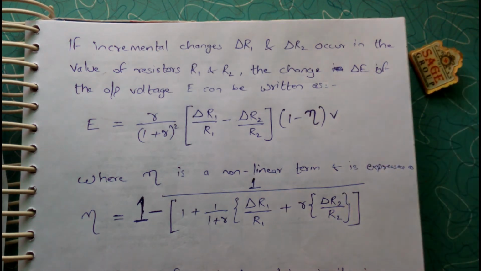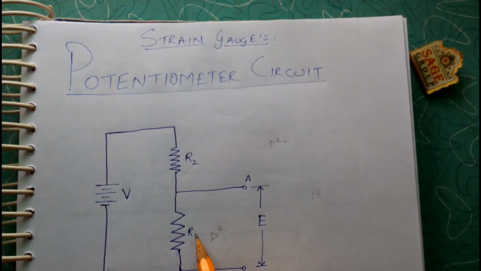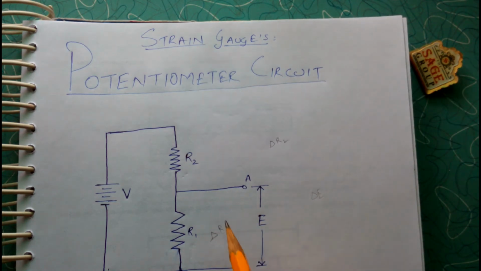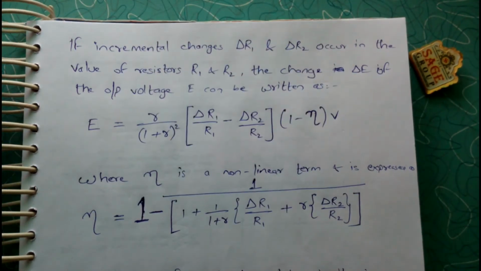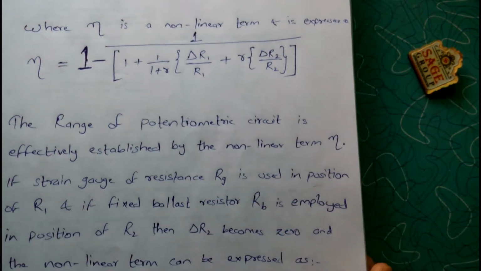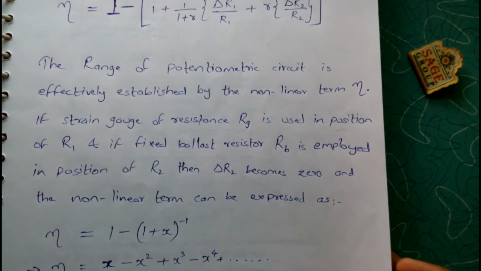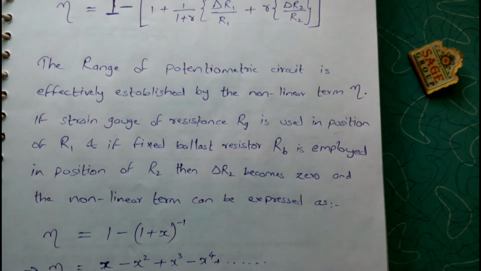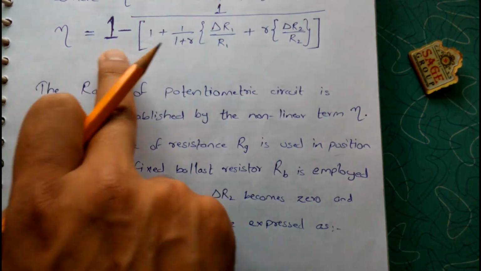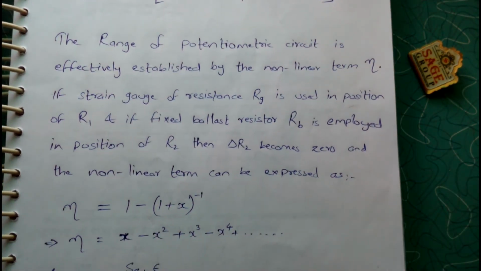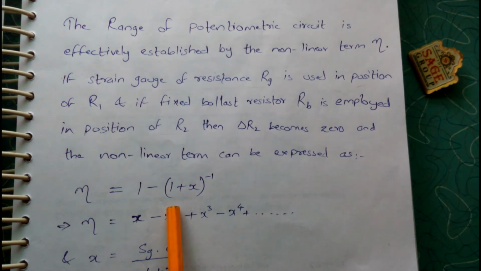Now for determining that, let's make R1 some resistance Rg, and R2 a fixed resistance, that is Rb, the fixed ballast resistance. Since R2 becomes a fixed ballast resistance, its change, delta R2, will become 0, and the non-linear term can be expressed like this: eta is equal to 1 minus (1 plus x) to the power minus 1.